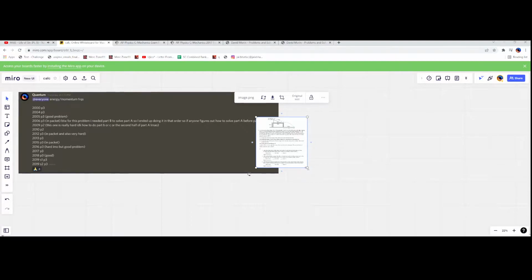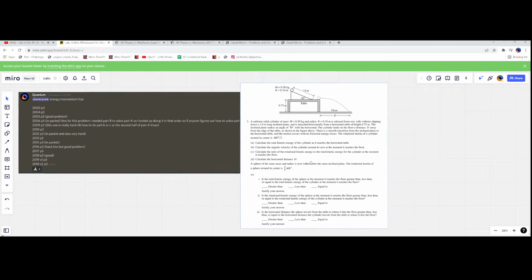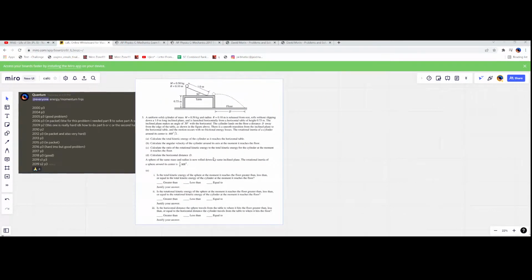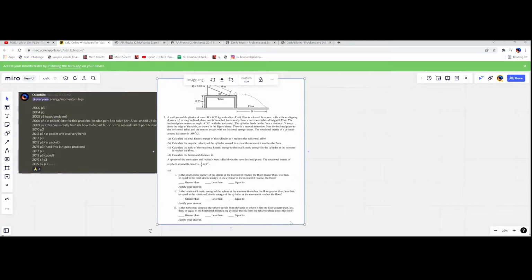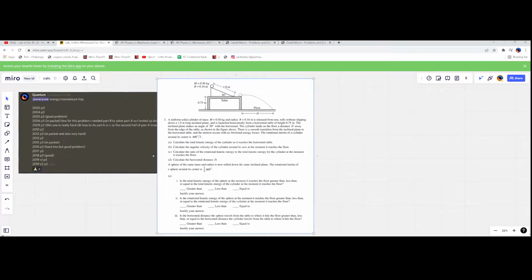Okay, let's have a look here. So, a uniform mass... Okay, whatever. I don't care about the numbers. It's all just the same pretty much.